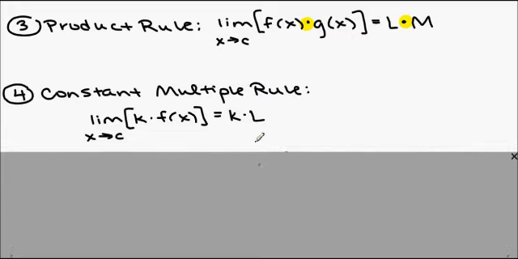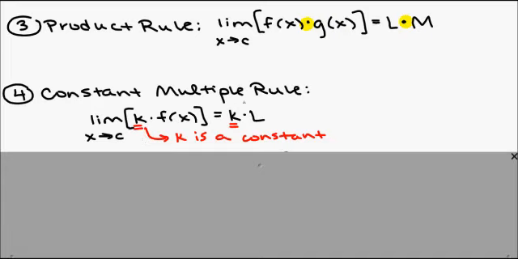Okay, the constant multiple rule. We have the limit of k times f of x, and k here is a constant number, and we're taking the limit as x approaches c. This turns out to be just k times the limit of that function, which is L. And if you look back to those rules that we talked about at the beginning, the limit of a constant function is the constant.